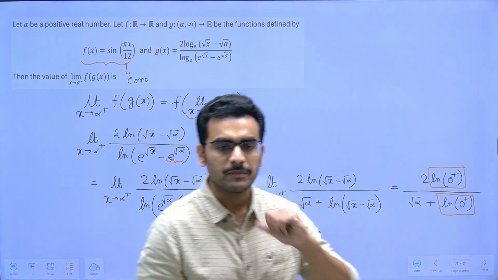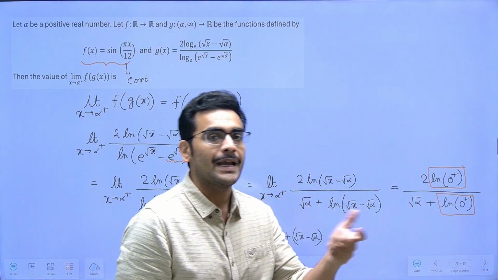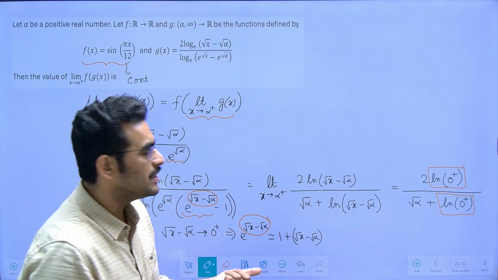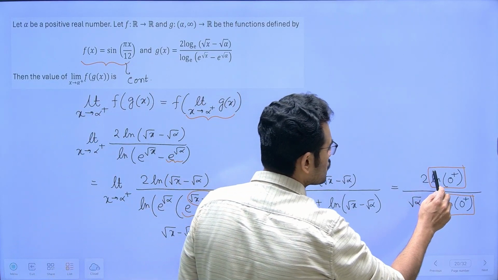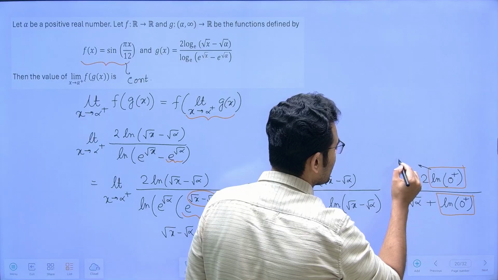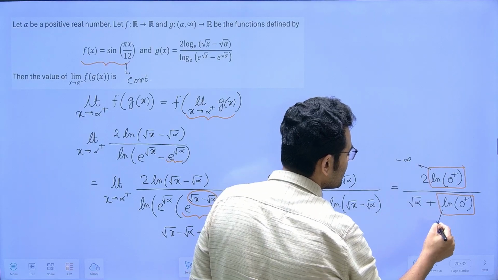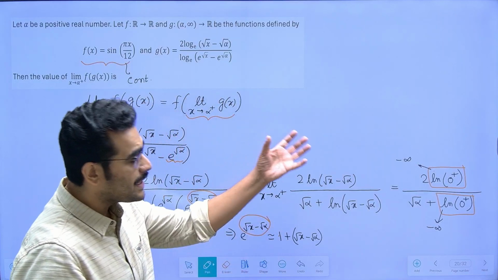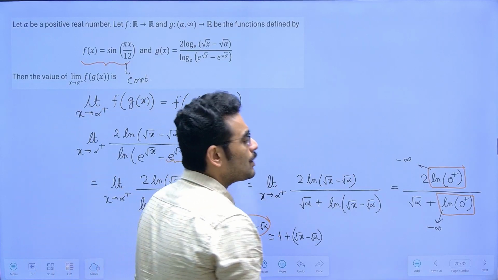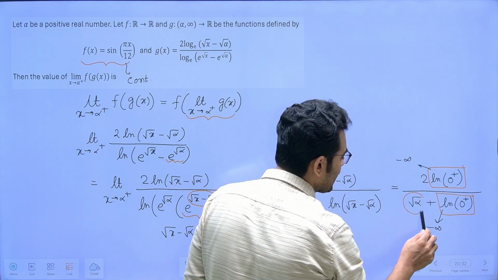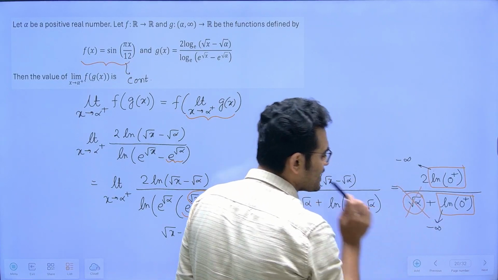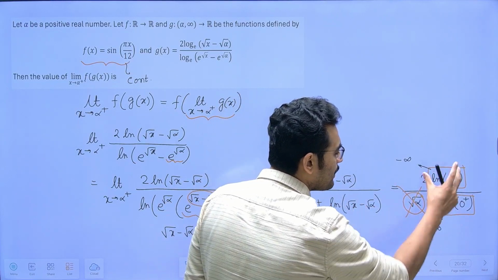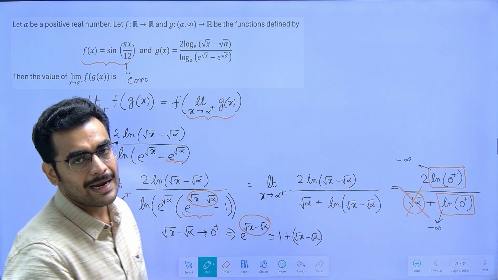We know ln of something tending to 0 tends to minus infinity. So this term is tending to minus infinity and this equivalent term is also tending to minus infinity. So this small finite value can be completely neglected.